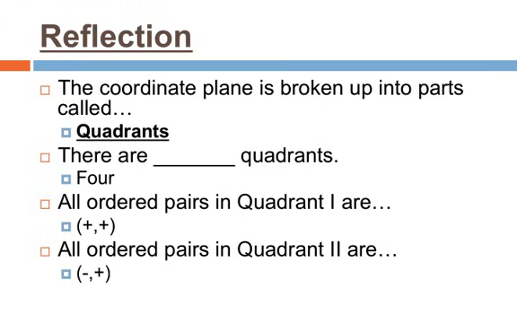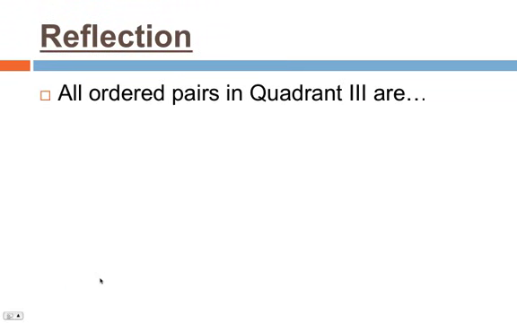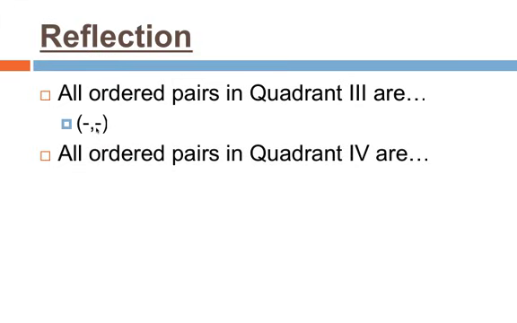This means that the x-coordinate is always negative and the y-coordinate is always positive. All ordered pairs in quadrant 3 are negative, negative. That means the first coordinate, the x-coordinate, is negative and the y-coordinate is also negative. And all ordered pairs in quadrant 4 are positive, negative. And this means that the x-coordinate, the first coordinate here, would be a positive number and the y-coordinate right here would be a negative number.